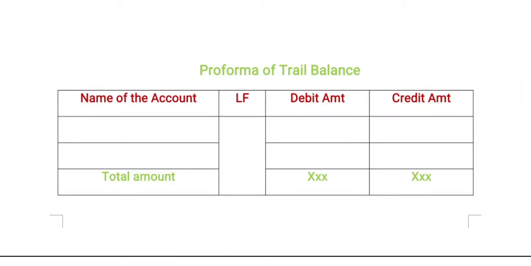It has 4 columns. Column 1 name of the account, column 2 ledger folio, column 3 debit amount, column 4 credit amount. At the end is the total amount. Debit and credit are both equal.